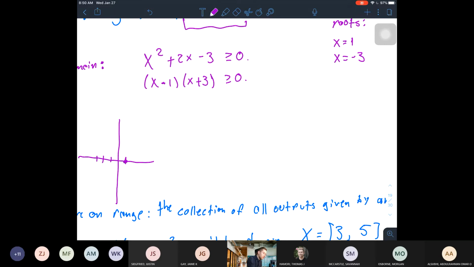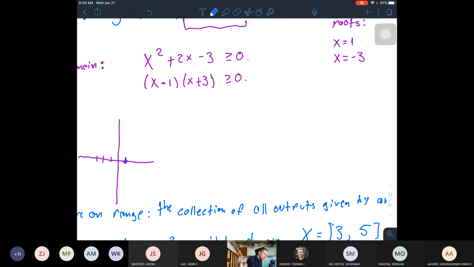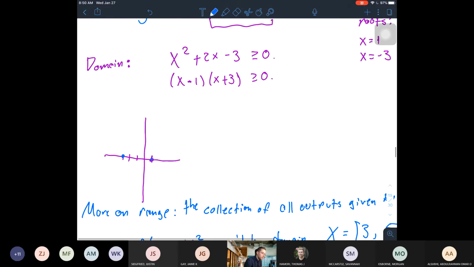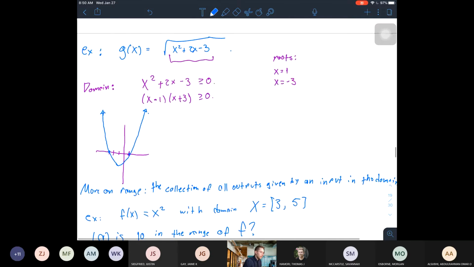So we know we have points here and here. Those are our roots. And we know it's an upwards facing parabola, so we know that it has to look like this. So that's what it would look like if we graphed it.